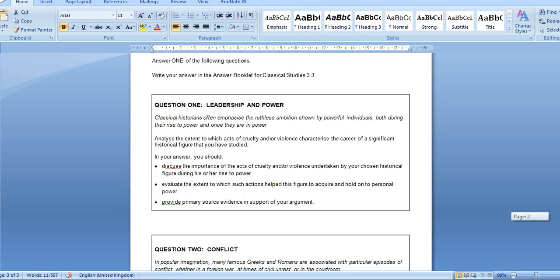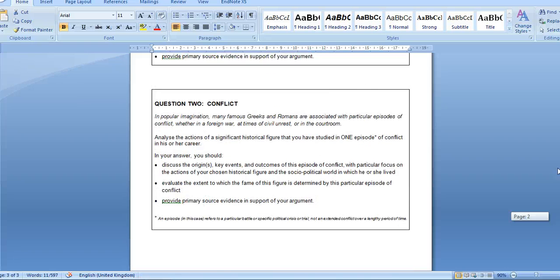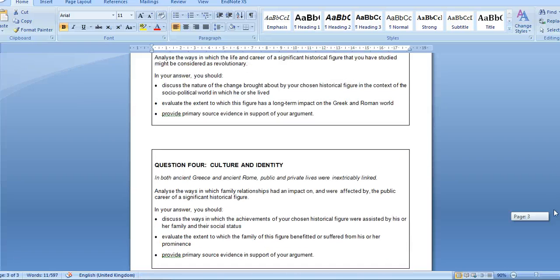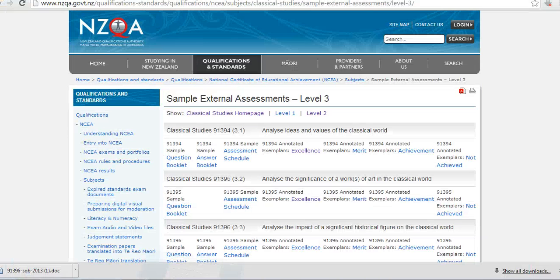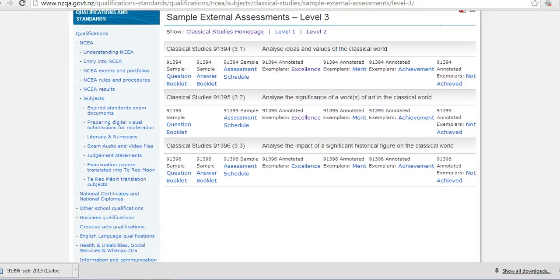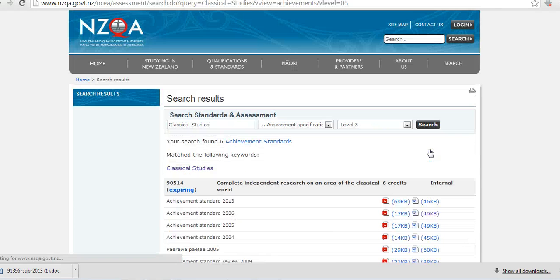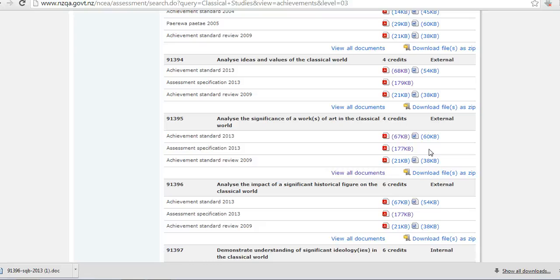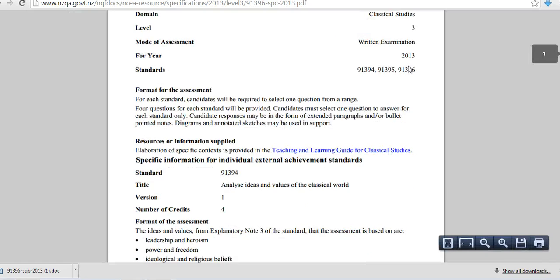So this is a sample paper, and you'll see that there are 4 questions: leadership and power, conflict, social and political change, and culture and identity. But when we have a look at the achievement standard itself, at the assessment specifications for 2013, one of those is not there. In fact, I think it's conflict.